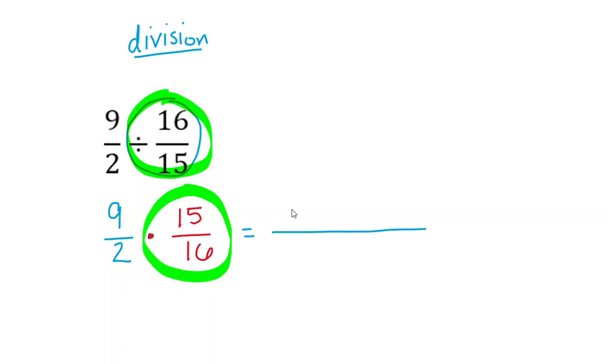I'm just going to write out the factors. 9 is 3 times 3. 15 is 3 times 5. 2 times 16 is 2 times 2 times 2 times 2. Okay, now, why did I do that? Notice that there's nothing that can be canceled here. And that's okay. I factored them all out.